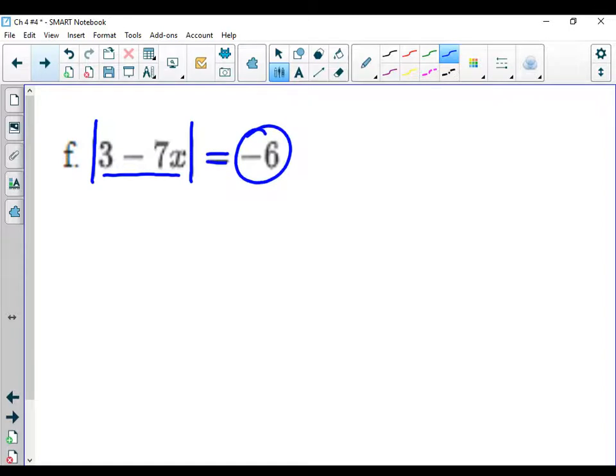Well, we know no matter what that value is inside of the absolute value, once I do the absolute value, it can't be negative. So I don't even have to do any work here. There's no solution for that. Okay, so don't just jump into your steps. Always look at it and ask yourself, what do they want me to find here? And in this case, we don't have anything that works.